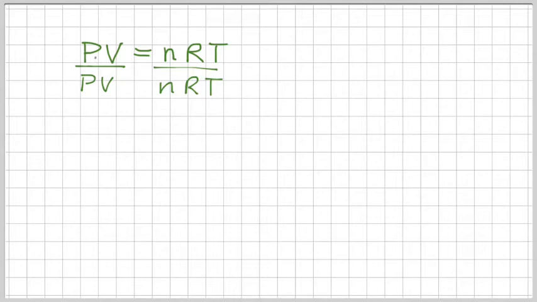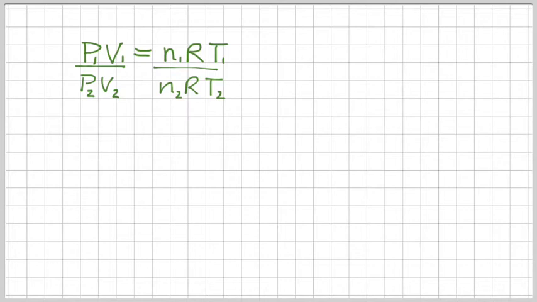So let's put subscripts of 1 on those variables in the numerator and subscripts of 2 in the denominator. I didn't put a subscript on R because it's a constant and it's not going to change.